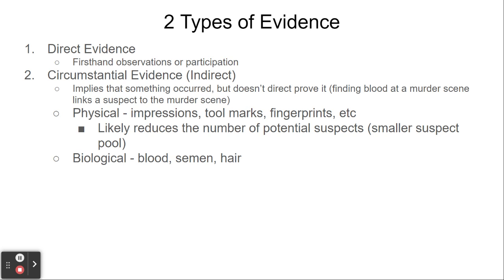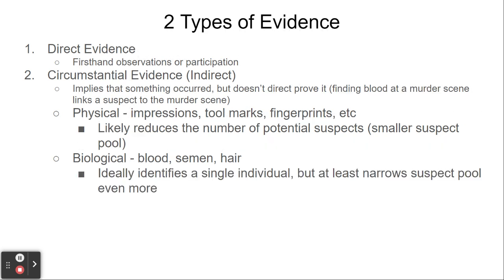And then your biological evidence: blood, semen, hair, skin, right? All things that again should be able to cut down on the number of suspects and eventually get down to the single individual, ideally. Sometimes that is still very difficult because maybe you don't have a match, right? If we're talking something like DNA, we have DNA evidence, but we don't know who it belongs to. Again, that can create issues there.